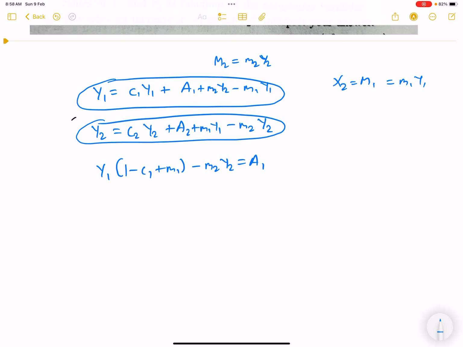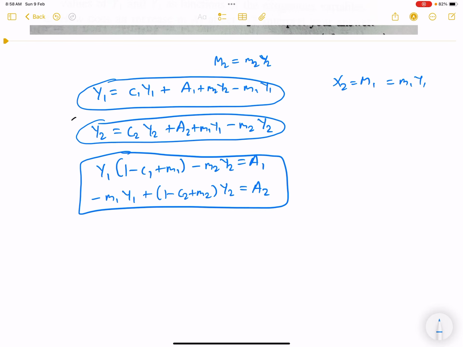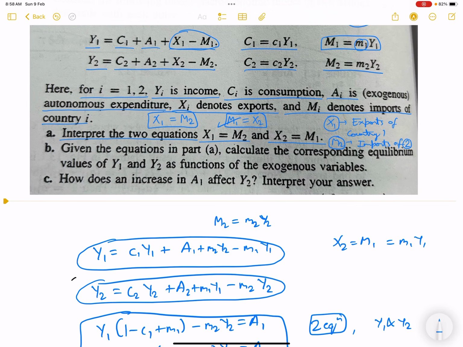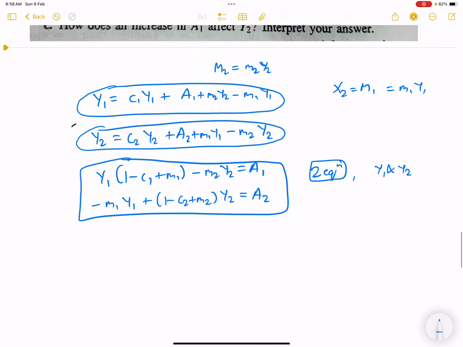So it would be minus m1 y1 plus (1 minus c2 plus m2) times y2, and this should equal a2. These are the two equations that we have, and the two variables are y1 and y2. a1 and a2 were exogenously determined. Now calculate the corresponding equilibrium value of y1 as a function of the exogenous variables.